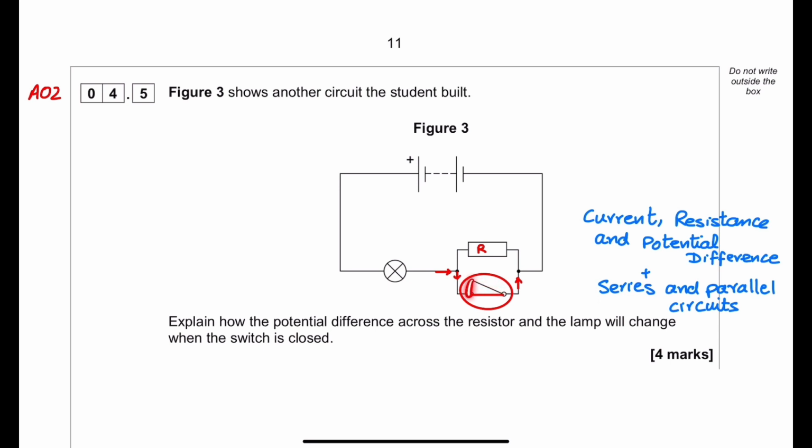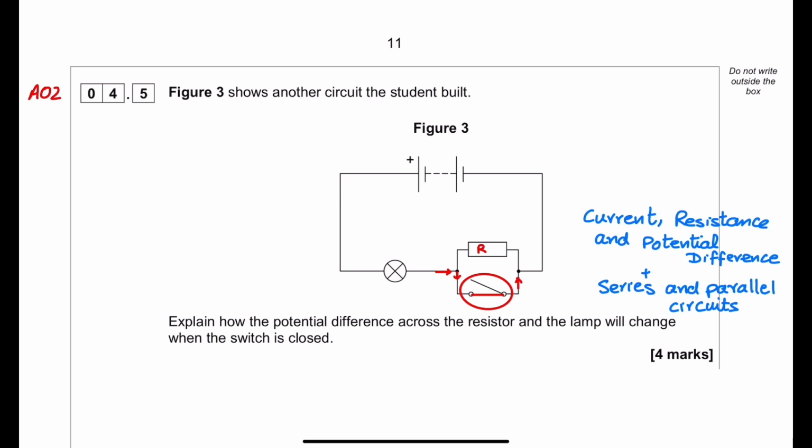If the switch is closed, as I elaborated in my figure, it will provide a path for the flow of current. When it comes to the junction point, it has two paths. One is that the current can flow through the resistor, another is that it will flow through the switch.